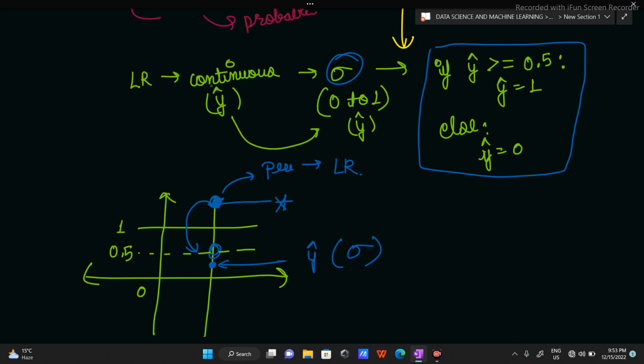So I'll say this point is actually benign. This was just an example, but when this model works, it will give me somewhere here. So this is actually a negative prediction because I'm getting false, because I know that this point is a malignant cell, but I'm getting benign. So how will I manage that?